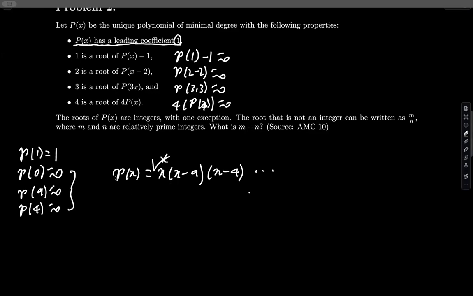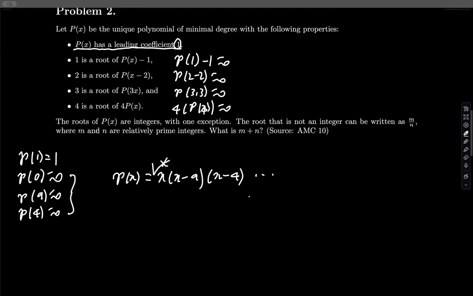So now let's read the next sentence. We have a root that is not an integer, which can be written as m over n. So we know that p of x has another root that is not an integer. Let's just say that this root is equal to a. So p of x could be written like this.